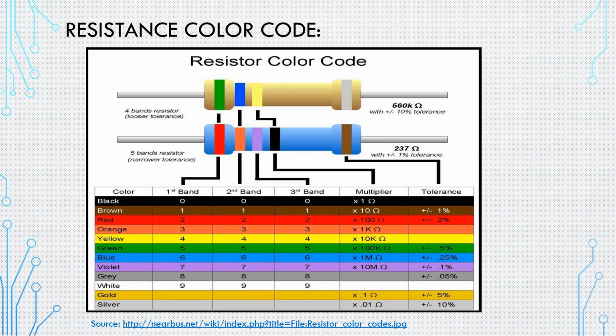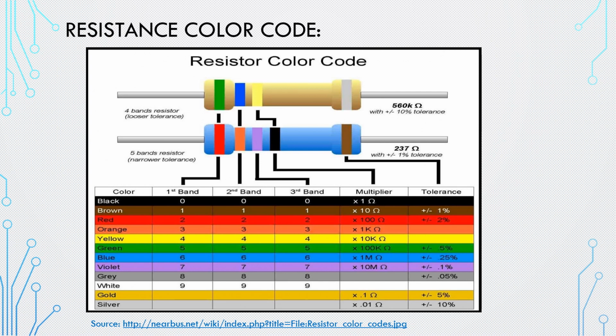You have to keep in mind that with 4 colors, I use the first color to find the first digit of the resistor value, the second color to find the second digit, and the third color I ignore this column. Since I have 4 colors, I go directly to the multiplier, and the fourth one shows me the value of the tolerance.